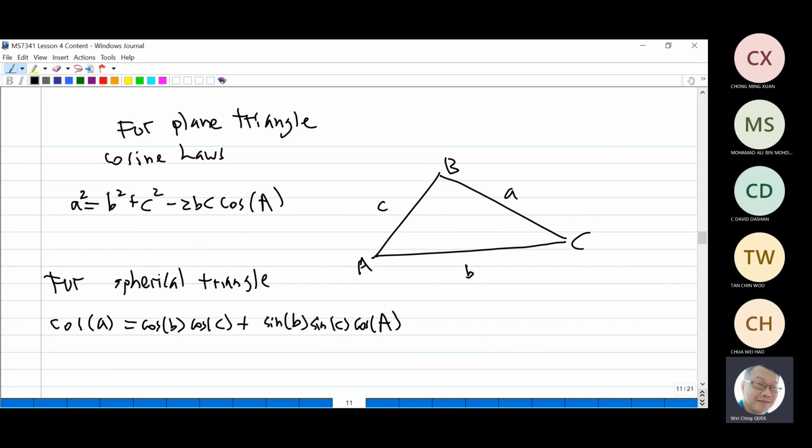Let's recall the law of cosine for a plane triangle with angles A, B, C and sides a, b, c, measured in kilometers, meters or nautical miles, while angles are measured in degrees and minutes.